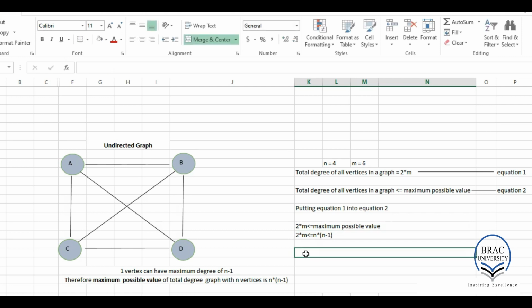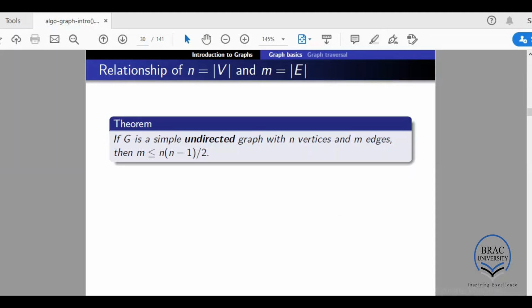So I can rearrange this equation into m smaller than or equal to n into n minus 1 by 2. So my theorem gets proved: m is smaller than or equal to n into n minus 1 by 2.